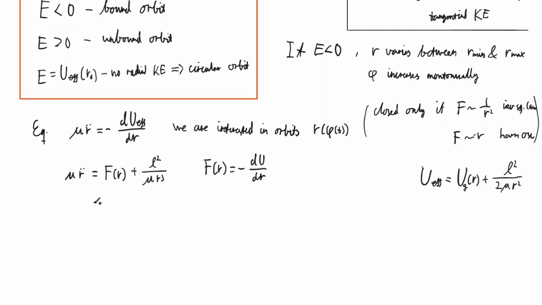I'm now going to introduce a new variable, which turns out to be a bit more convenient here. I'm going to introduce u, which is just equal to 1 over r, which means, of course, that r equals 1 over u. That's one of the things I'm going to do. The other thing I'm going to do is rewrite the derivative with respect to time. Since in this case we're dealing with a single variable problem r, which we are saying depends on t only through the variable phi, we can just apply the chain rule like this.